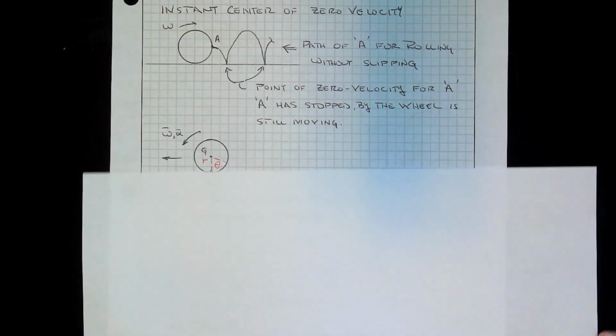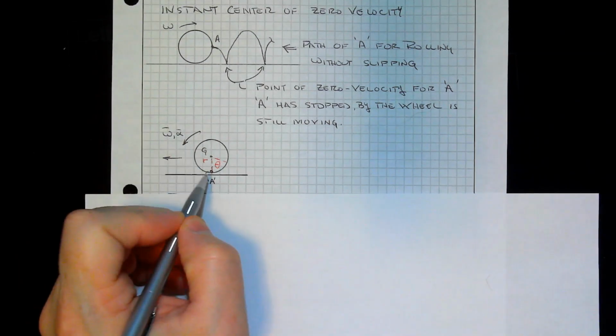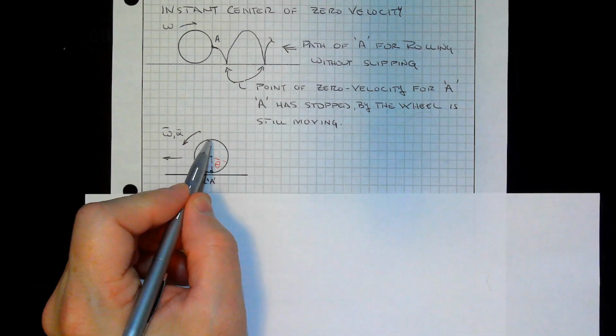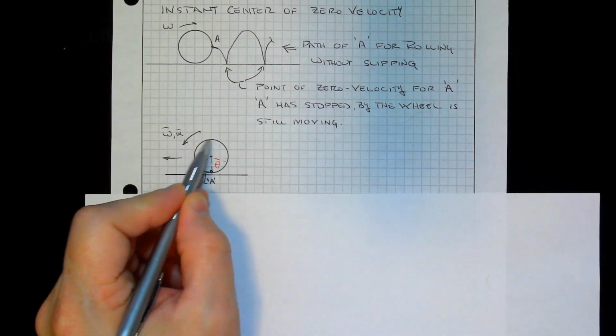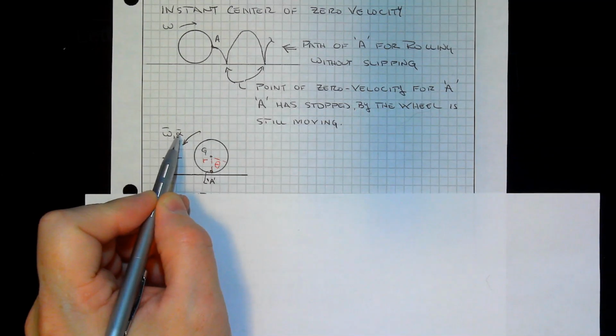But let's analyze this wheel a little more closely. So I have a point here, A, on the ground. And this wheel is rolling along like so, so it's going this way. We have omega, we have alpha, so angular velocity, angular acceleration.